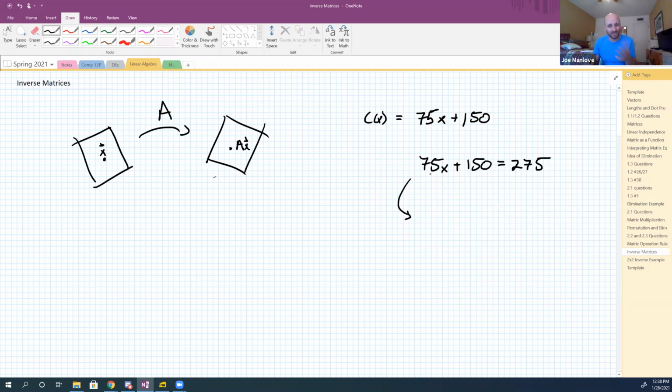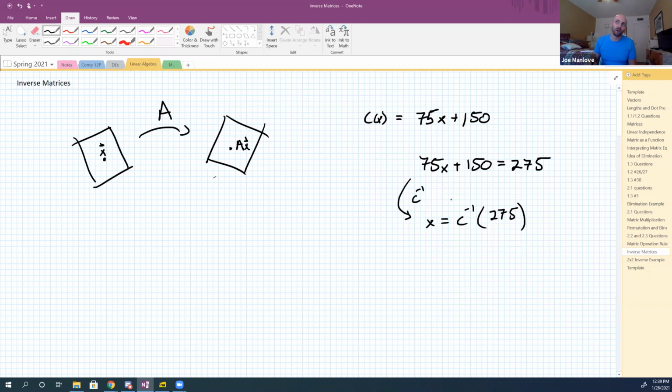Does that seem familiar? So that process is applying the inverse function, right? You're doing C inverse. And so you're going to get x as C inverse applied to 275. You guys all on board with that process?